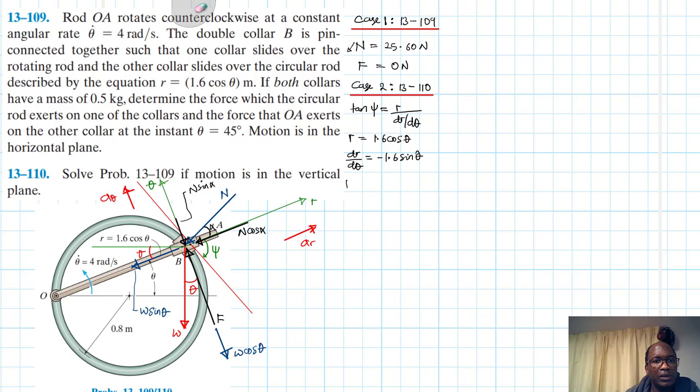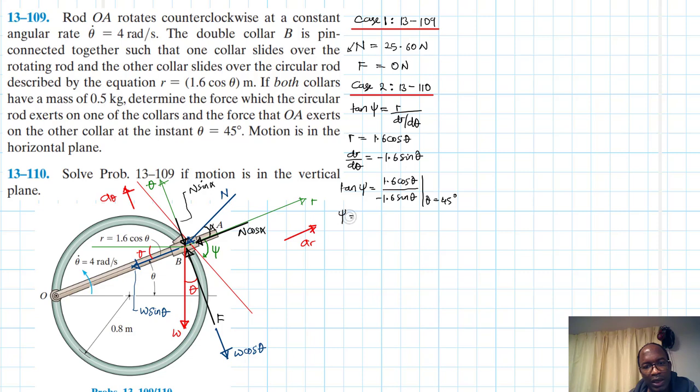Then tan psi is just equal to r, which is 1.6 cos theta, divided by minus 1.6 sin theta, evaluating this at theta equal to 45.